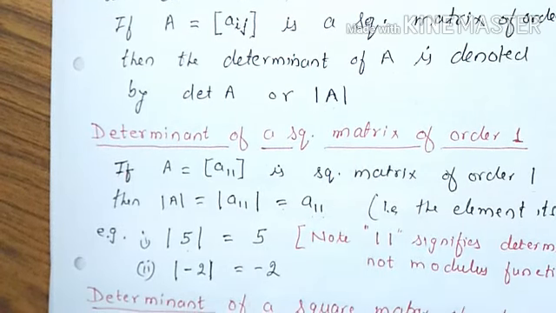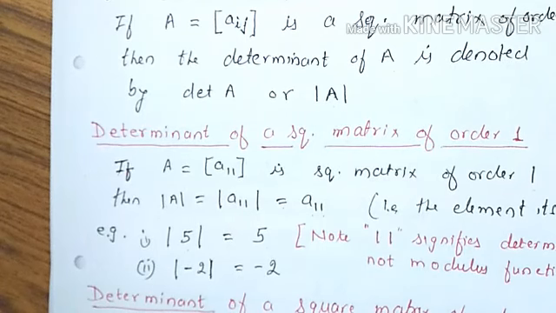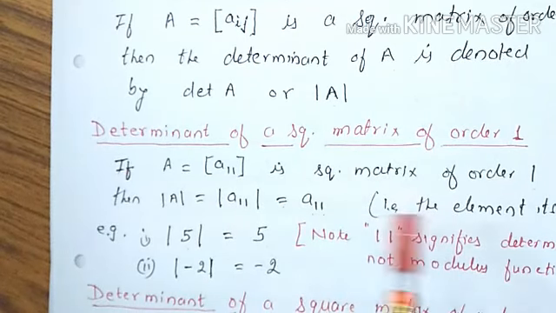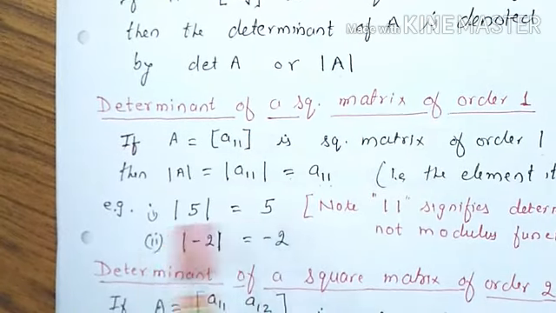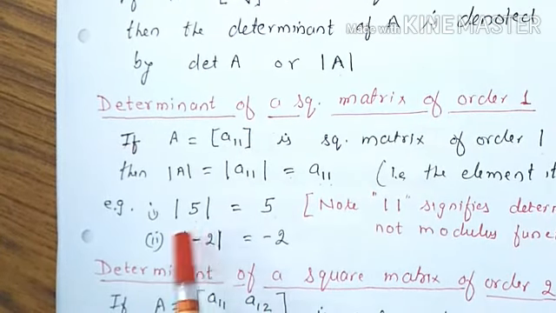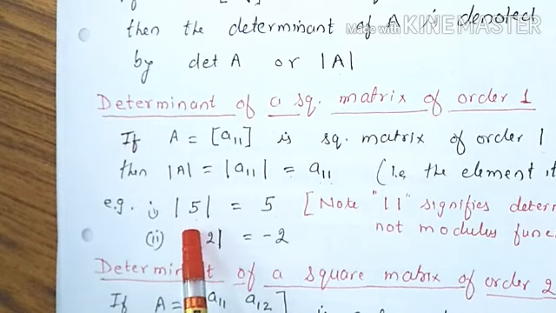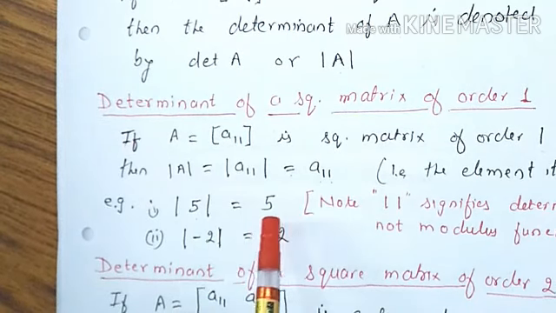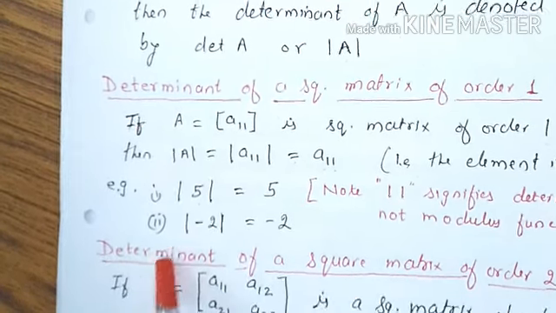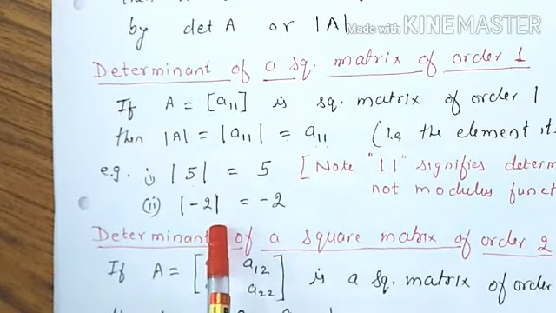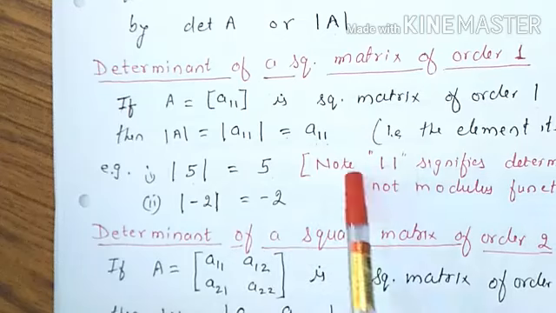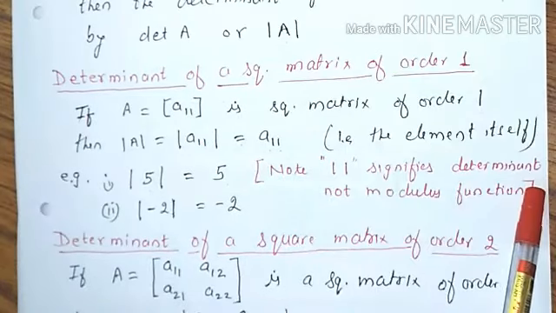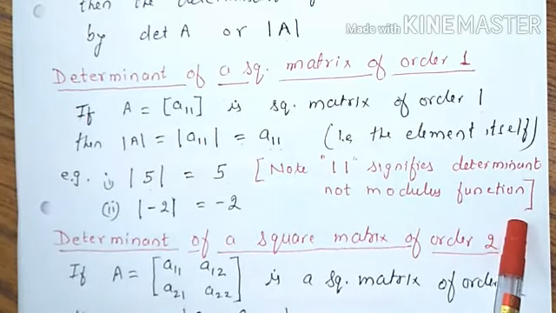For example, if we want to find the determinant of the 1 by 1 matrix 5, the answer will be 5 only. Similarly, the determinant of -2 will be -2 only. Note that this symbol signifies determinant, not the modulus function. So you have to remember this.